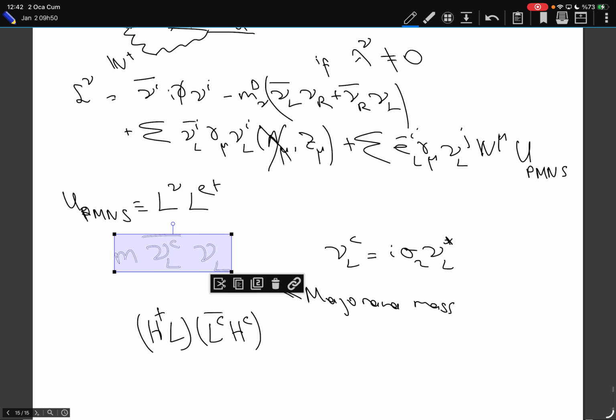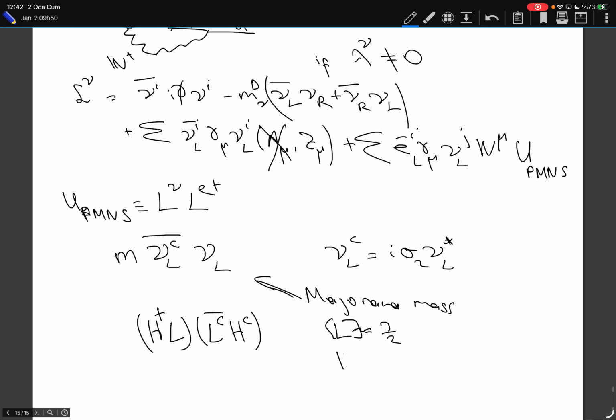But this term is not renormalizable. You see, count the mass dimension. L has mass dimension 3/2. H has mass dimension 1.